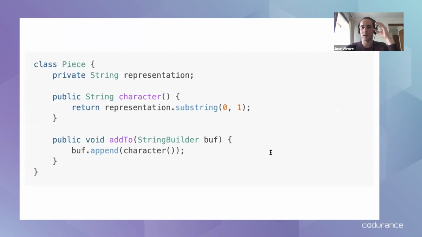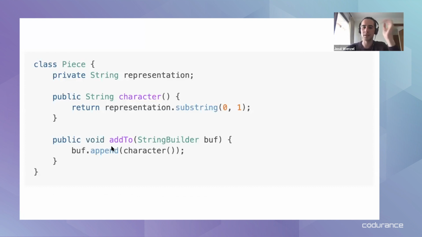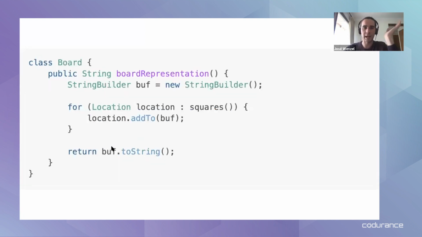So extracting the first character is a new method, and it looks good to be reused at some point. Finally, we can update our board, and this looks way better than it looked before. It's just location add_to and the buffer. So that's basically it. In my opinion, it's much better.